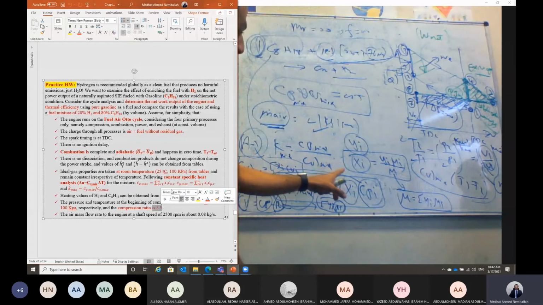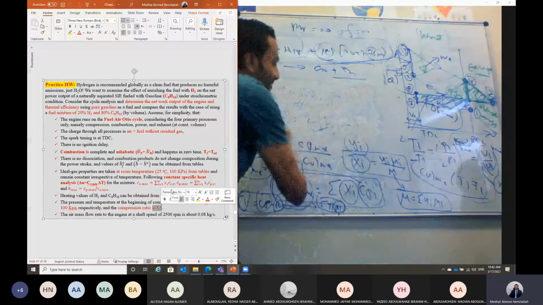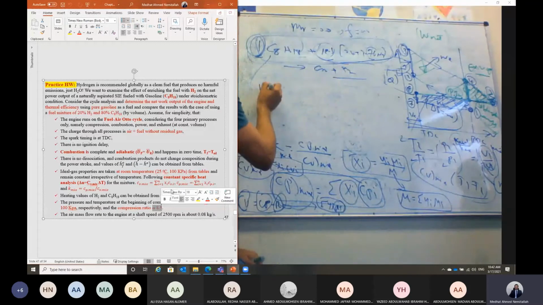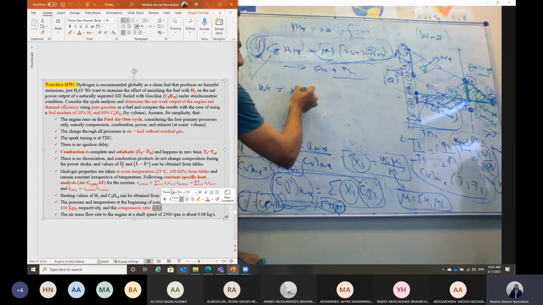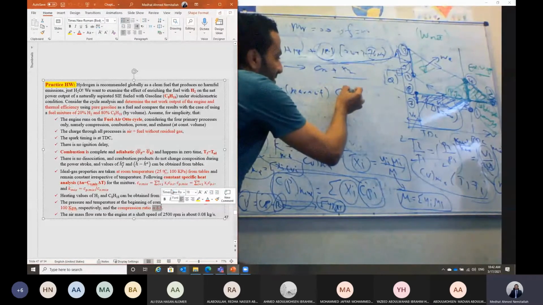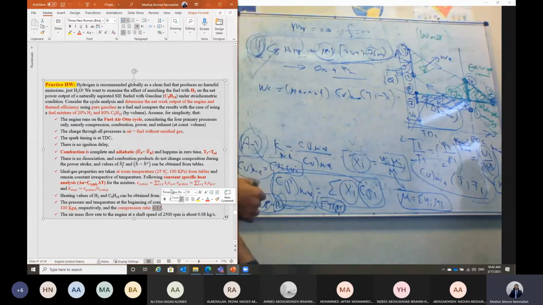So the expansion work, where has it gone? So it gets a little complicated. So let's say the compression work, sorry, will equal (m dot air plus m dot fuel) multiplied by CV for the mixture multiplied by T1 minus T2.